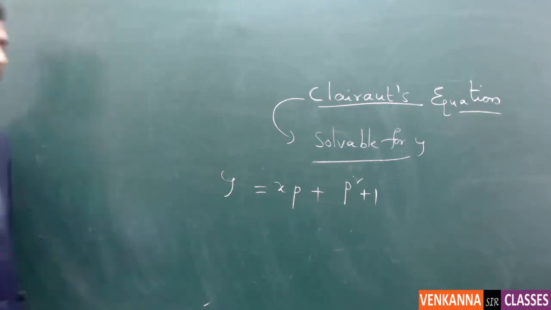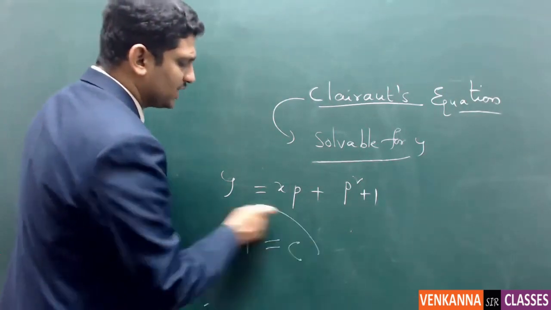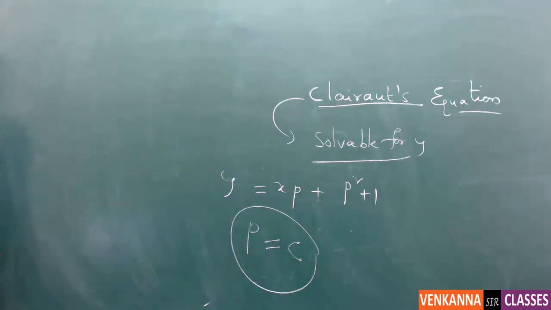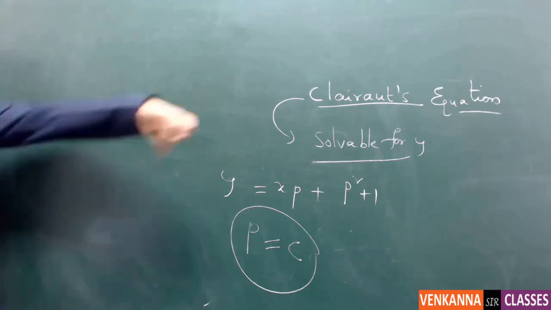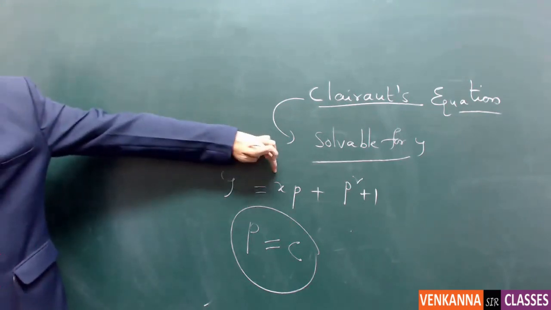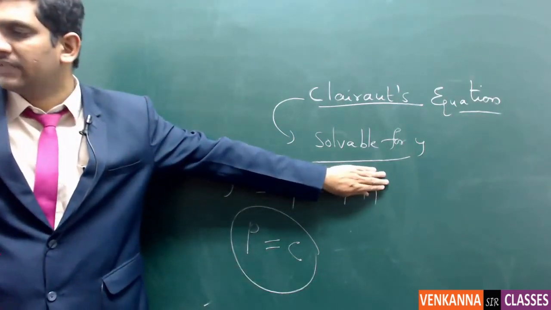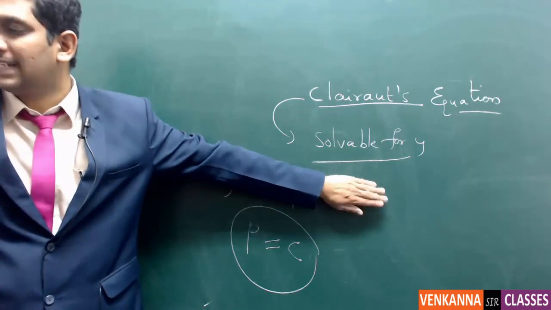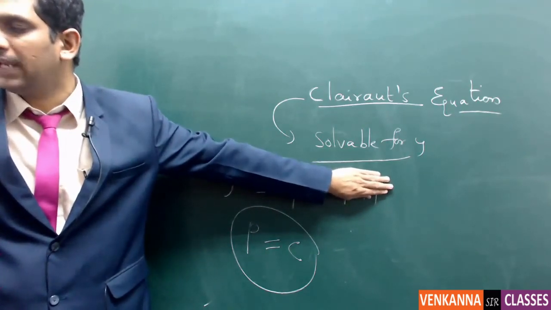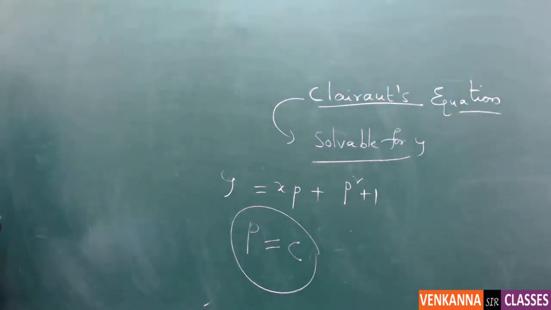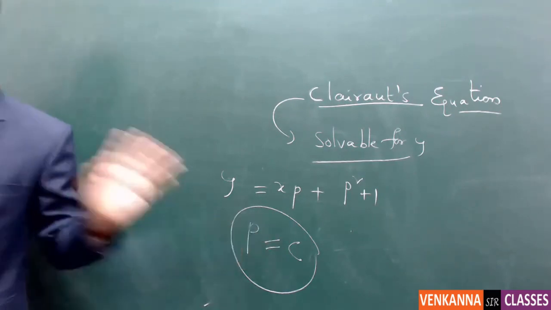At the end, you simply get that P is equal to the constant C. So whatever the equation you have considered, if the given equation is in the form Y equals X into P plus some function of P, here you can have anything, P square plus 1, 1 by P, 2P by P plus 1, etc. Exclusively a function having P. Such type of equation, we call it Clairaut's equation. If you solve that, you are going to get the value as P is equal to C, a constant.